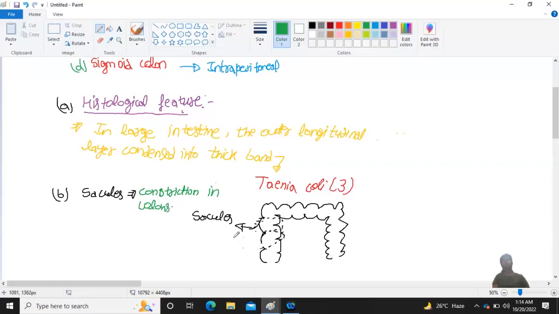These constrictions cause haustrations. One haustration is one segment. So we can write haustration.